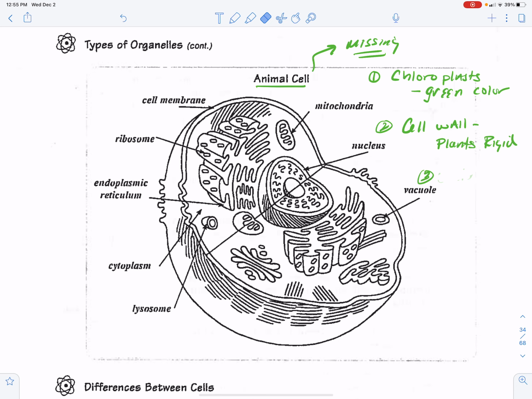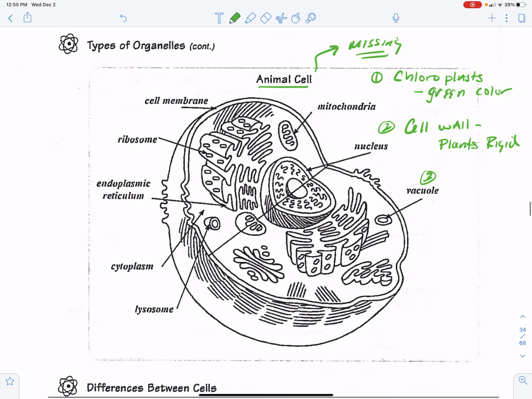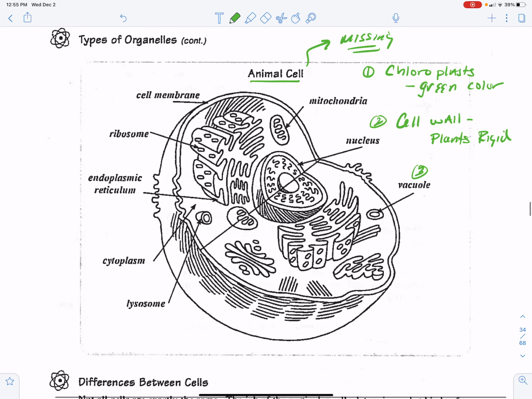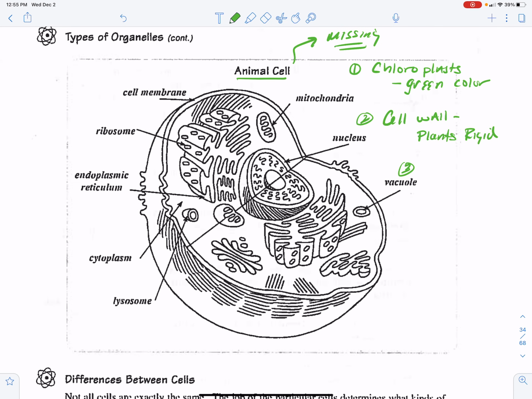Plants are very reliant upon water, so they have this water vacuole, which is a water storage component of the cell.